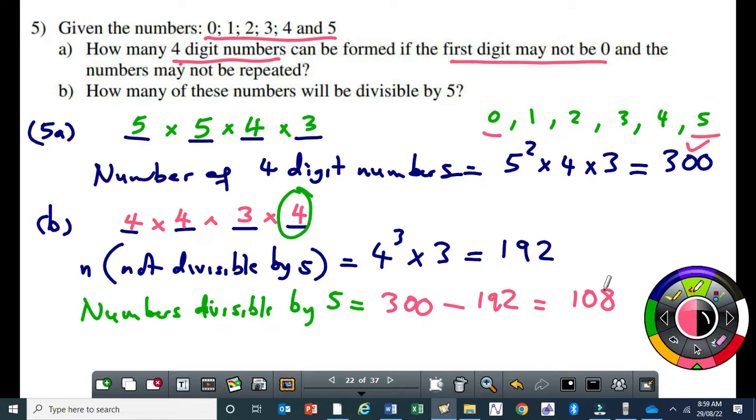It's not that simple to get that 118 directly. If you try to use another method, you'll find it's going to be very difficult. This is the easiest method. If you practice a lot in the coming weeks before your examination, and you encounter a question like this, this will be the best method to approach it.